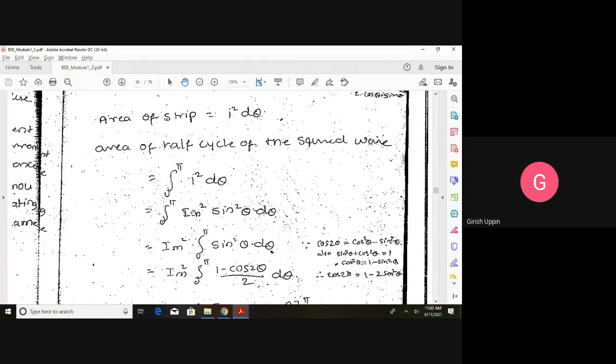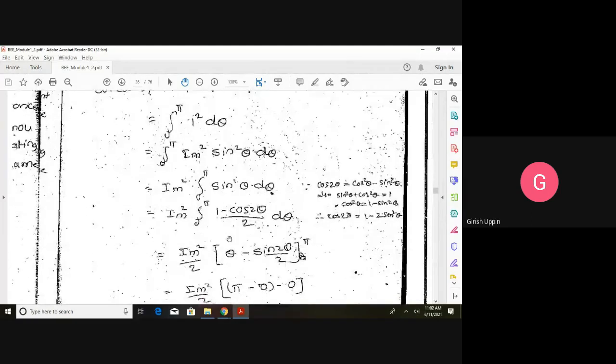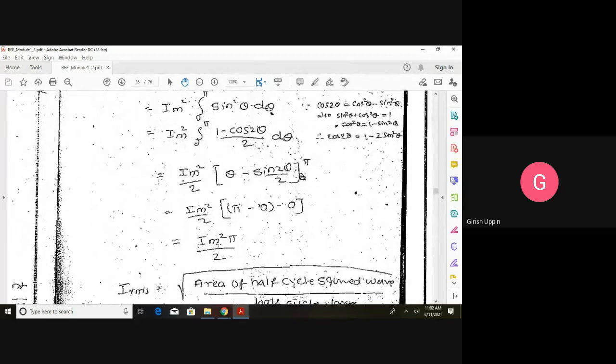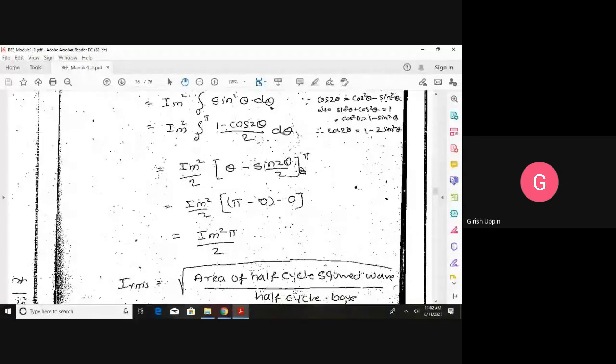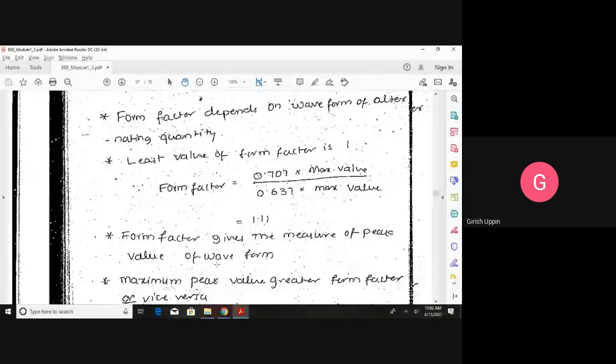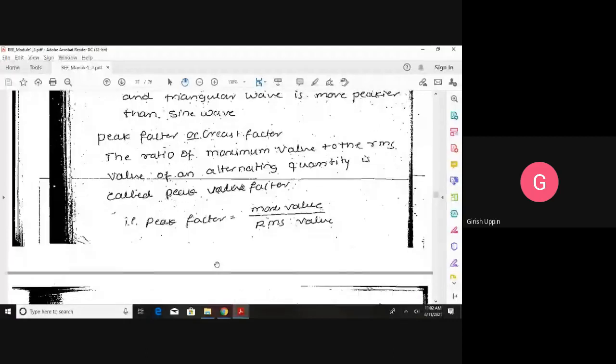Then I am Im sine theta. Therefore, I square is Im square sine square theta. And if you simplify this one, what we get is the area as Im square pi divided by 2. That is what is directly taken in the problem, because we have already done that. So I have taken it as a direct value.